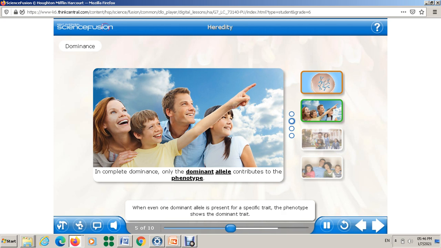When even one dominant allele is present for a specific trait, the phenotype shows the dominant trait. For instance, we know that the allele for brown hair is dominant. If a red-haired mother and a brown-haired father have a brown-haired baby, this is an example of complete dominance.